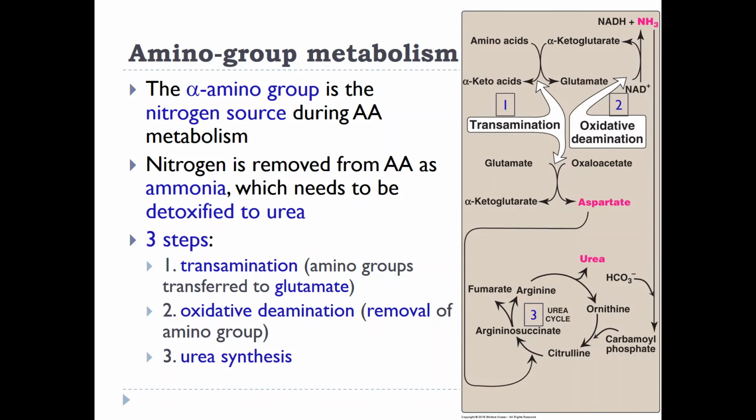The first one represents the transamination, in which amino groups from different amino acids get transferred to glutamate. The second step is the oxidative deamination of glutamate, which is basically the physical removal of the amino group from the amino acid. And the third one is the conversion of the ammonium into urea in the process that is called the urea cycle.